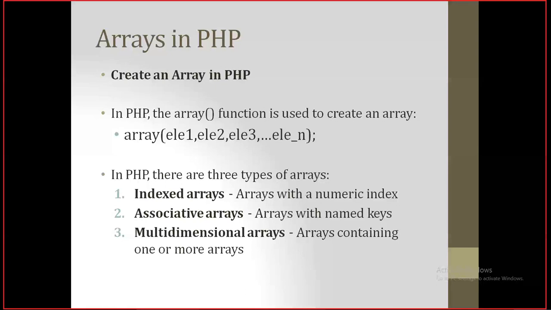So instead of using numeric values like 0, 1, 2, we will use some names or strings which will act as keys, right? Definitely in these associative arrays, we are going to store elements in the form of key value pairs, since we are identifying every element with the help of some named key. Okay, we'll see the examples later on.